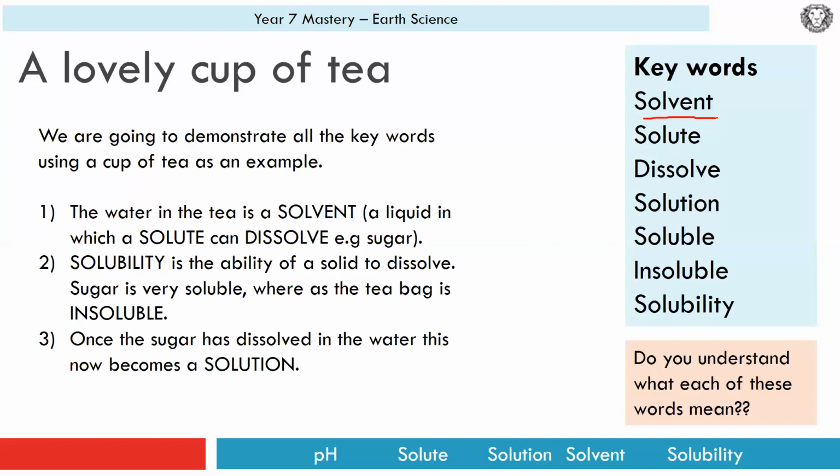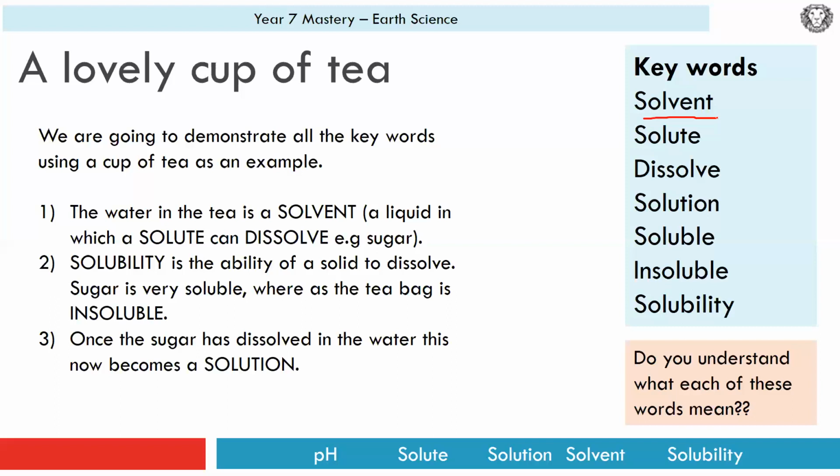A solution is when a solute has dissolved in a solvent. So if I make sugary water, I've dissolved the sugar in the water, that makes it a solution. If I have sand in water, the sand does not dissolve, and that makes it a mixture, not a solution.